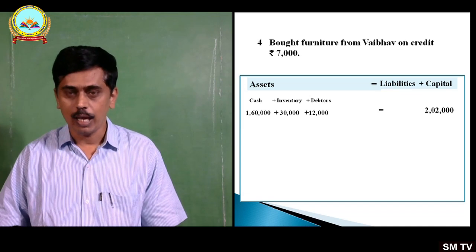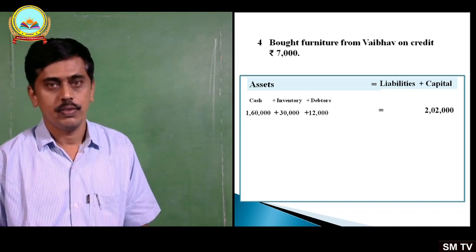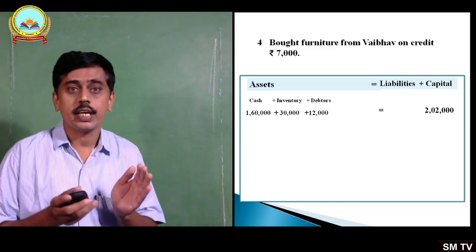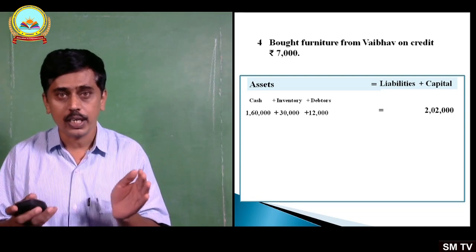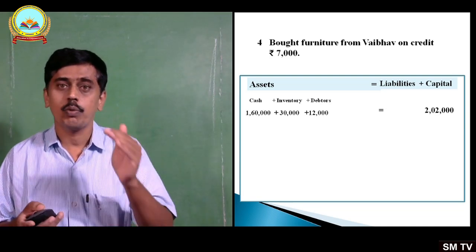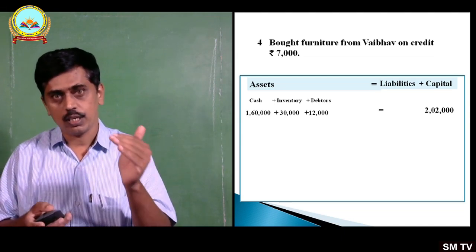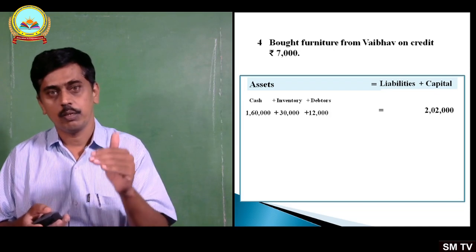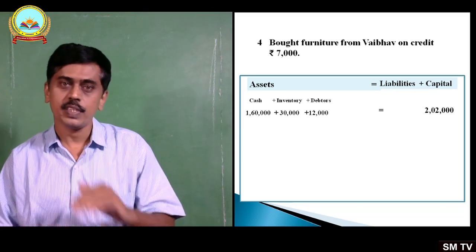And on the liability side we have capital 2,02,000. And here this is a credit transaction again, because we have bought furniture from Vaibhav on credit. So Vaibhav becomes our creditor. In the last transaction Banu was our debtor, but here Vaibhav is our creditor.